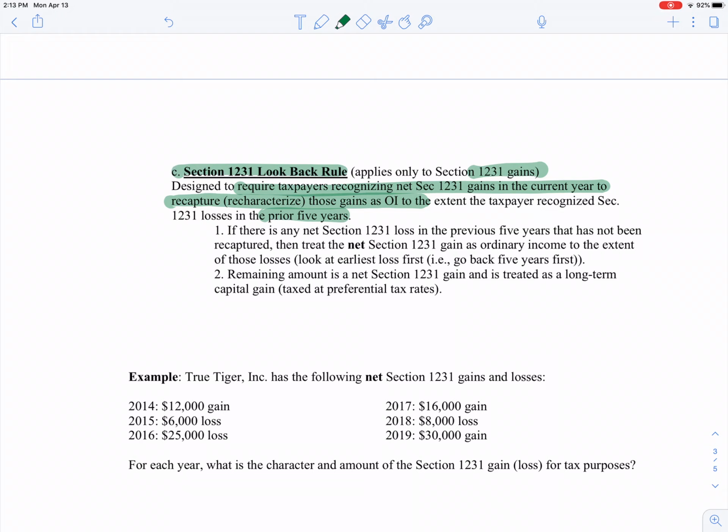And if you have taken that benefit and offset your ordinary income with these losses, then some of the gain that you have now is not going to get capital gain treatment. It is going to be, we call it recaptured or recharacterized as ordinary.